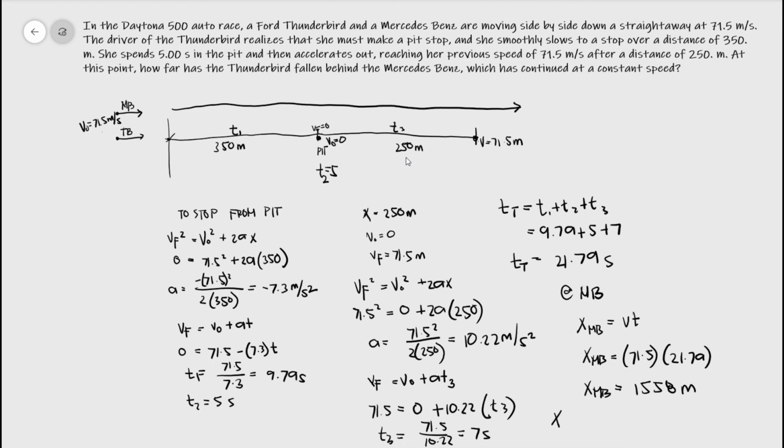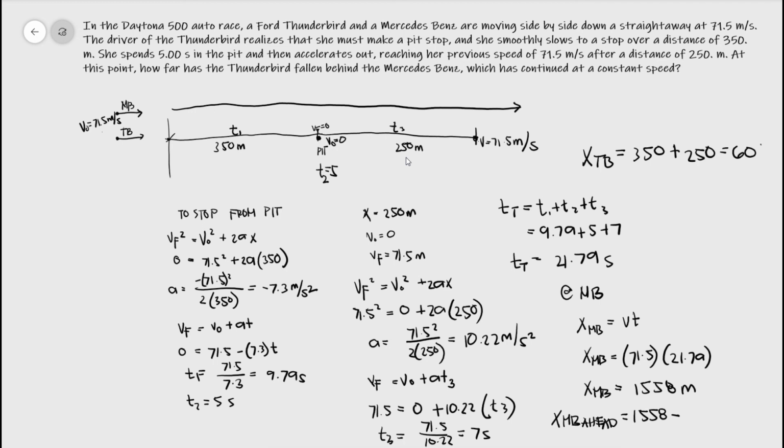Now, getting the distance of the Mercedes-Benz from the Thunderbird, the Mercedes-Benz is ahead of the Thunderbird by how many meters? Let's say this one is 1,558 minus the distance traveled by the Thunderbird. The distance traveled by the Thunderbird is equal to 350 up to the pit plus another 250 after reaching 71.5 meters per second.